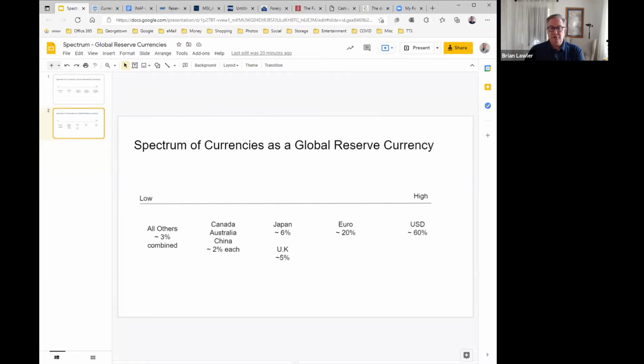Those are Canada, Australia, and China. The next tier is the Japanese yen and the British pound sterling. Those have between 5 and 6 percent, not large percentages, but compared to the next tier or compared to the rest, that's pretty sizable.